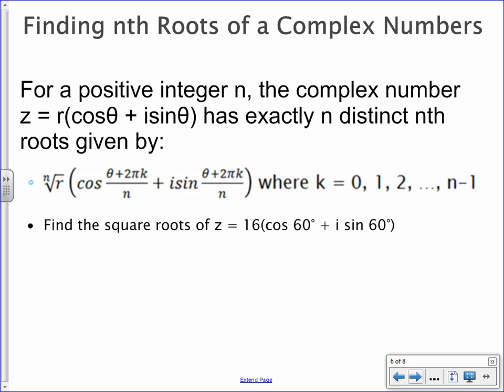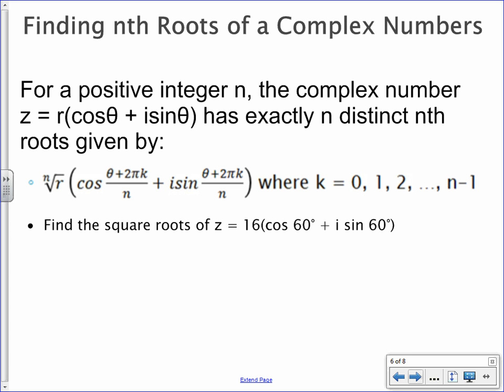If I ask for the 12th roots, you would give me 12 numbers. You're going to use this formula over and over. You begin by plugging 0 in for k, then 1, then 2, until you have the number of roots that you need. So if I ask for the 5th roots, you would plug in 0, 1, 2, 3, and 4, and you have 5 numbers.